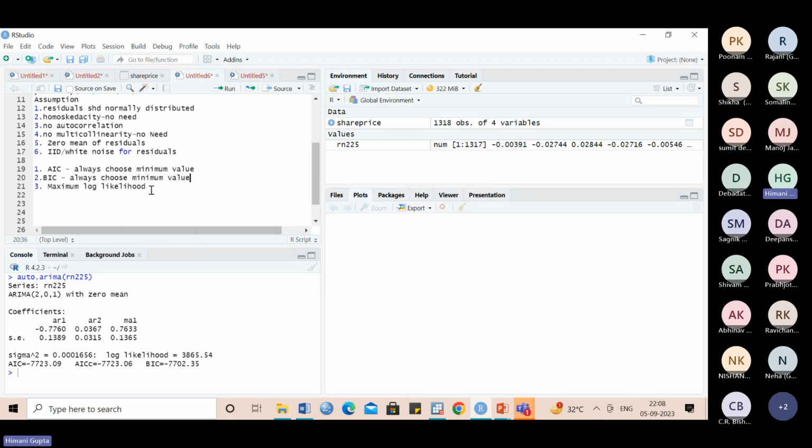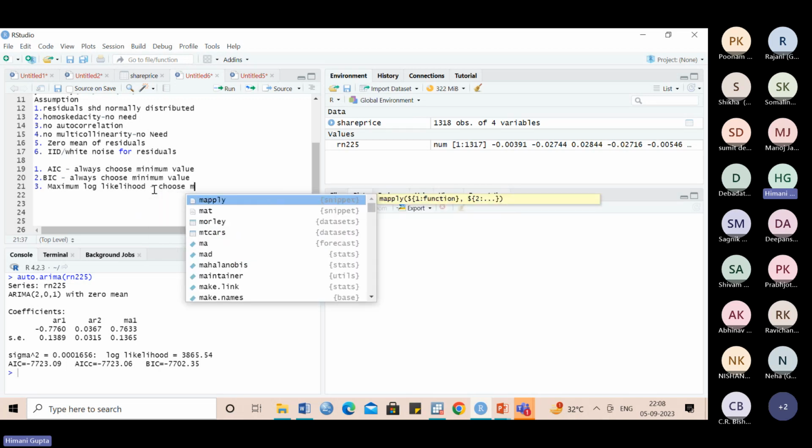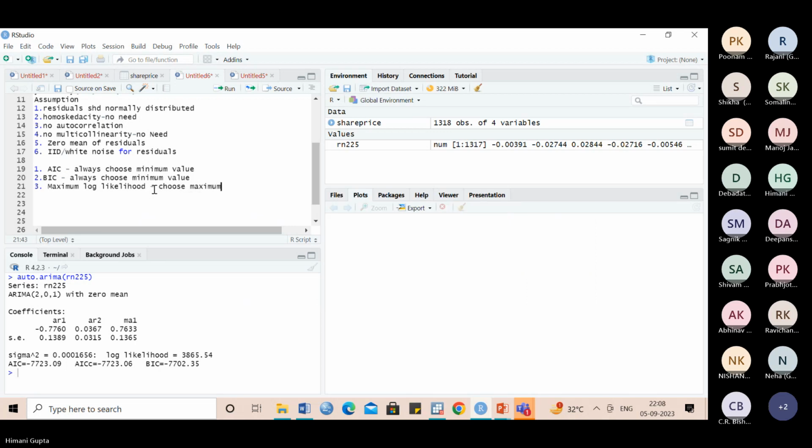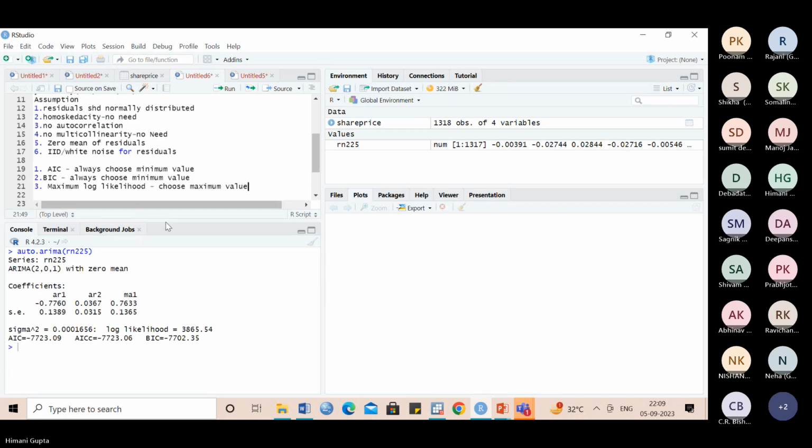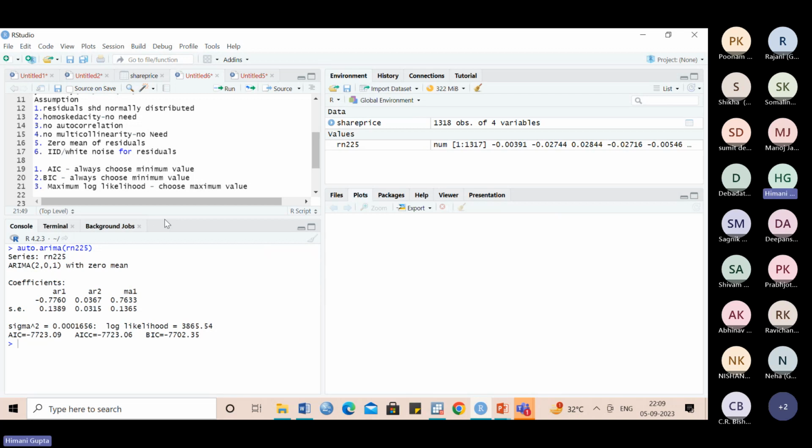And if you are choosing with the help of maximum log likelihood, you have to choose the maximum value. That's why its name is maximum log likelihood. And mostly they all will give you the same results. Got it? Any doubt till here?